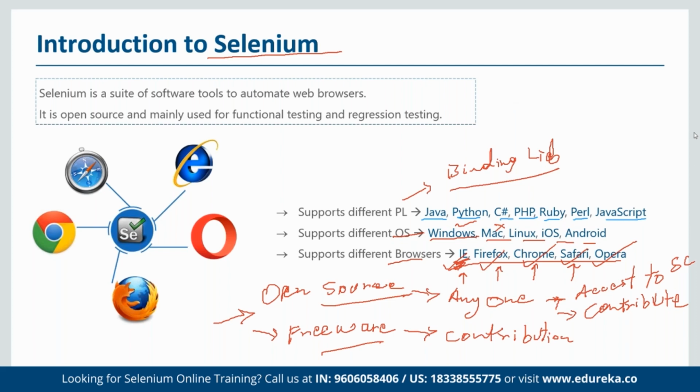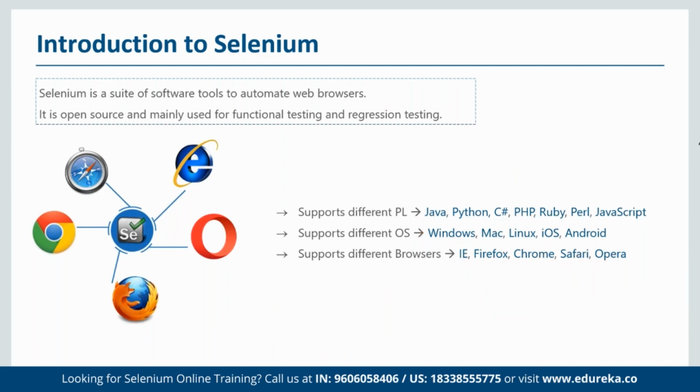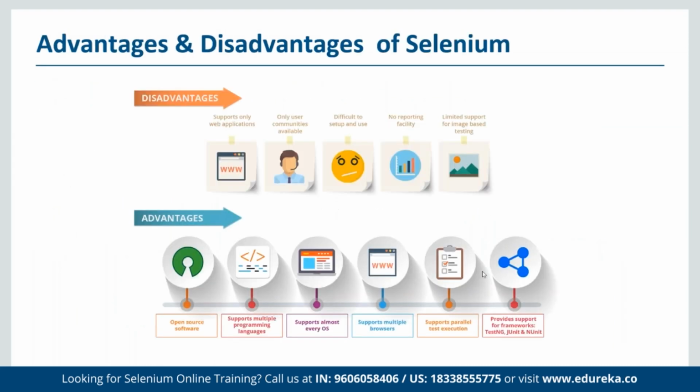Moving ahead, now you have an understanding that it is available for free, it is easy to install, and it supports multiple programming languages, multiple operating systems, and multiple browsers. I was talking about the advantages.